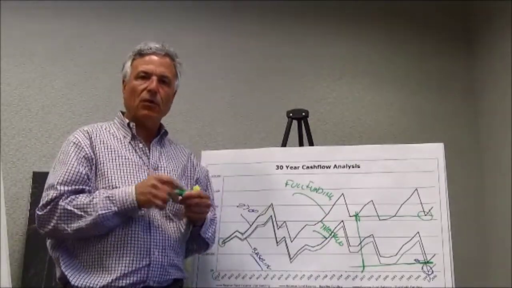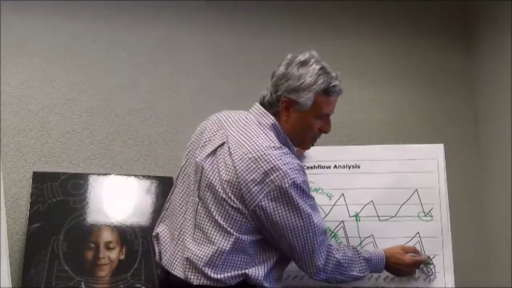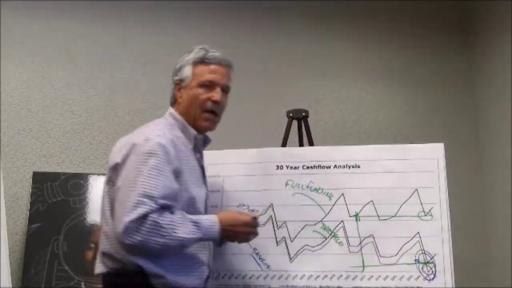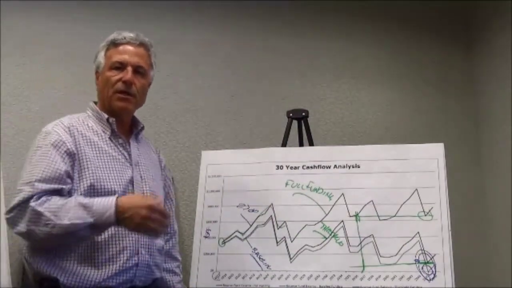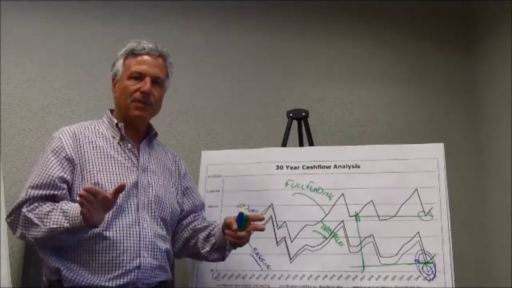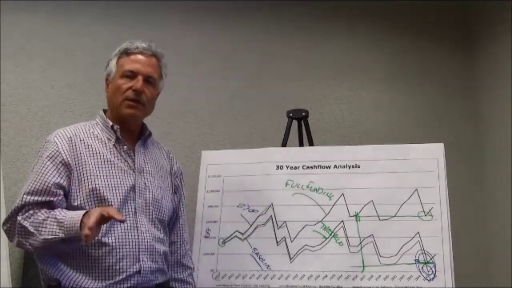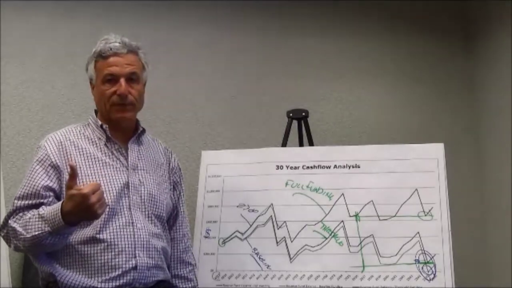Now the question that always comes up is, for our association, how do we establish what this threshold should be? How low should we go? It's different for every association. You could have two communities right next to each other, exactly the same community, but different boards. The boards will make a different decision on what the threshold should be based on a number of different things.